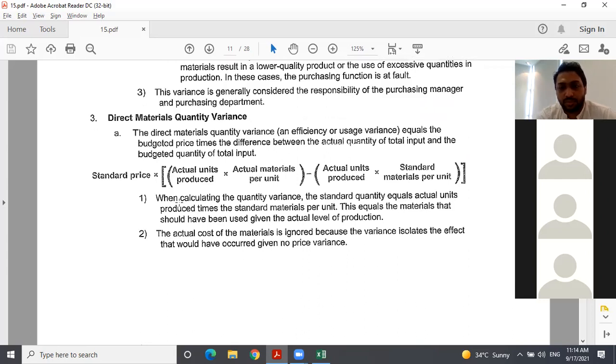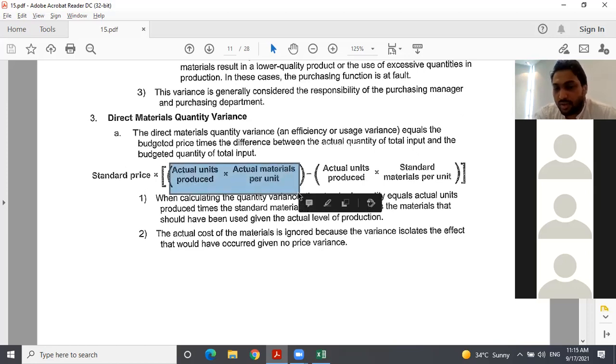So the standard material. The direct material quantity variance equals the budgeted price times the difference between the actual quantity of total input and the budgeted quantity of total input. So here standard price into actual unit produced into actual material per unit.